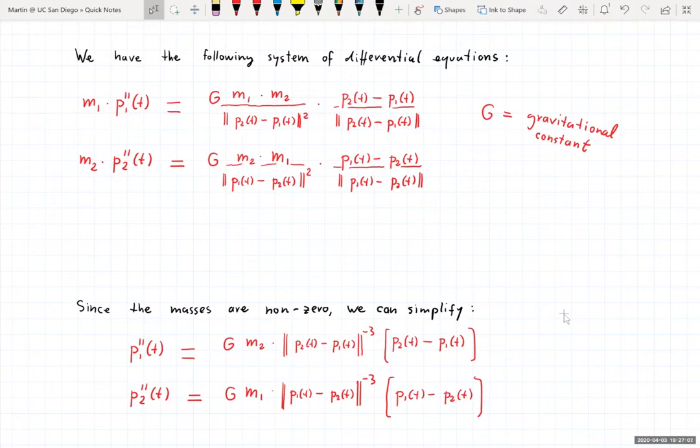So we have the following compact form of the system of ordinary differential equations of second order. p1 prime prime of t is equal g times m2 times the Euclidean norm of p2 of t minus p1 of t to the power minus 3 multiplied by p2 of t minus p1 of t, and conversely p2 prime prime of t, the second derivative of p2, is the same as g times m1 times the Euclidean norm of p1 of t minus p2 of t to the power minus 3 multiplied by the vector p1 of t minus p2 of t.